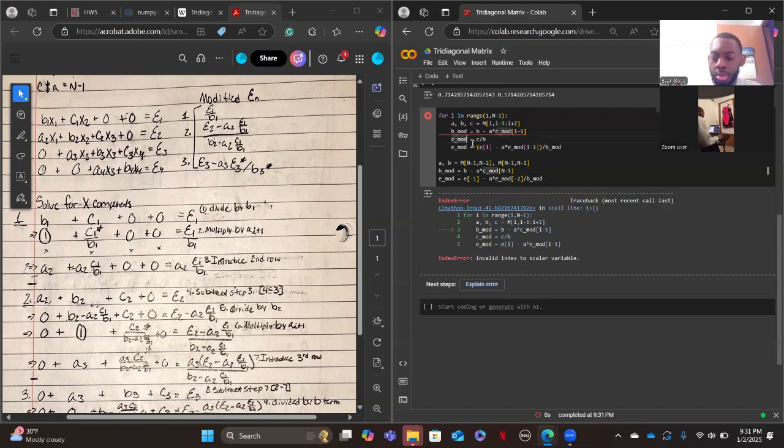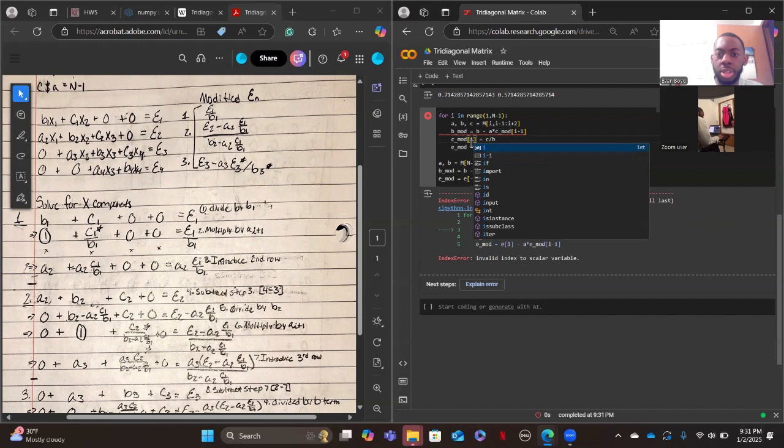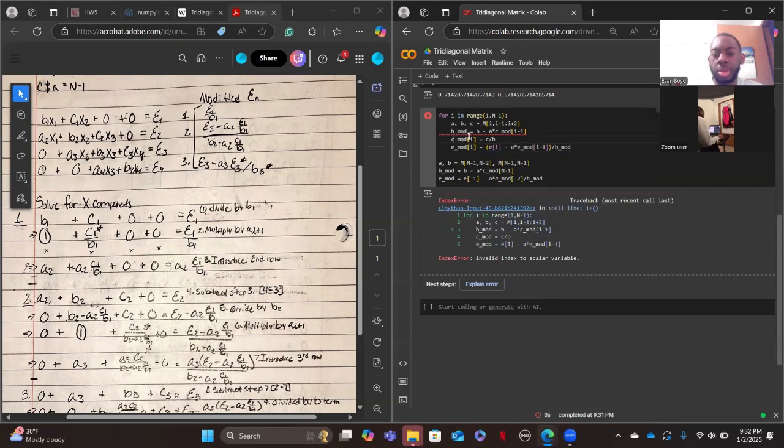And this will be for I's for the integers, because our B mod stays the same, but our C mod and our E mod fluctuate for our range. So we have to do that.